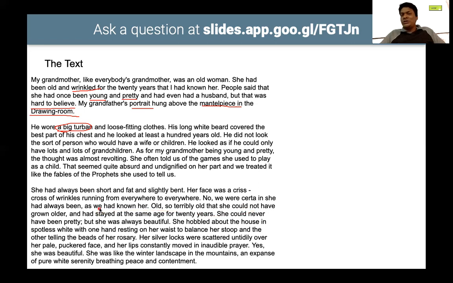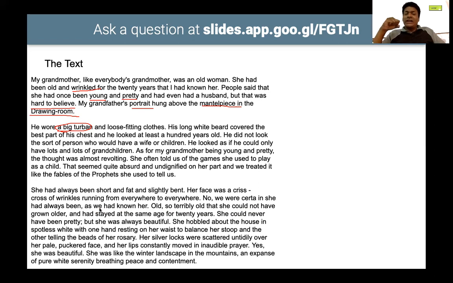The author also stated that she turned into such an age that she could not have grown older, right? So reaching a particular age, after that she could not grow older.